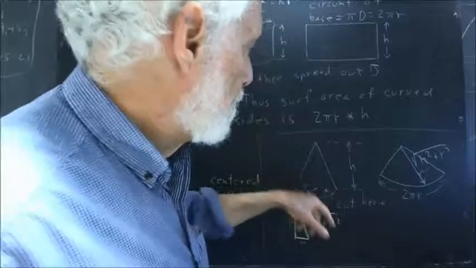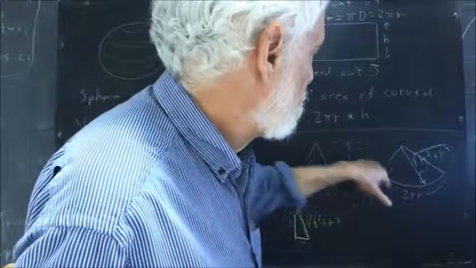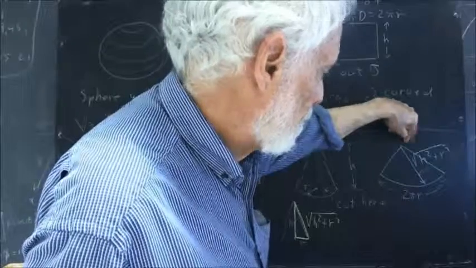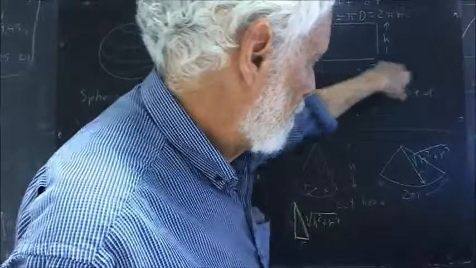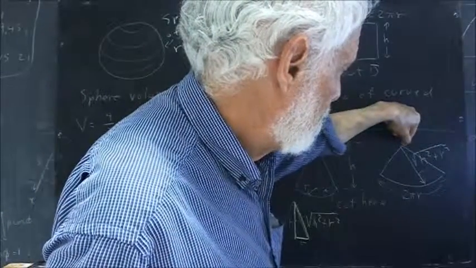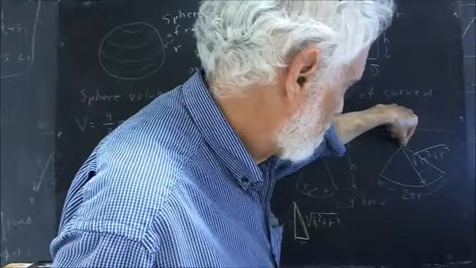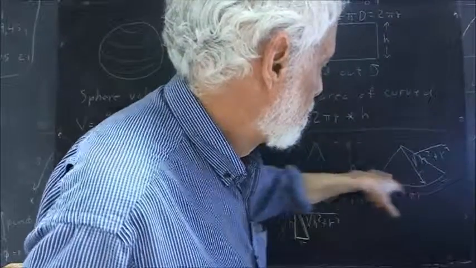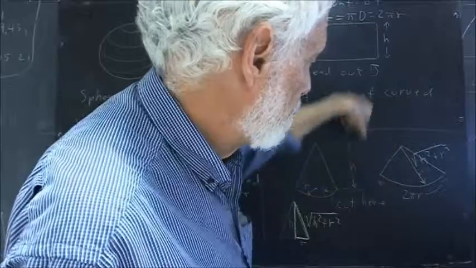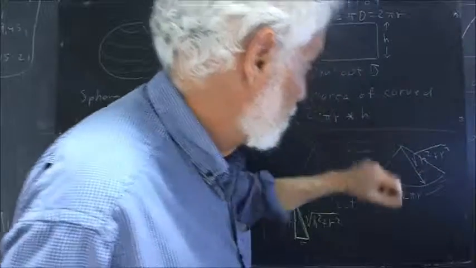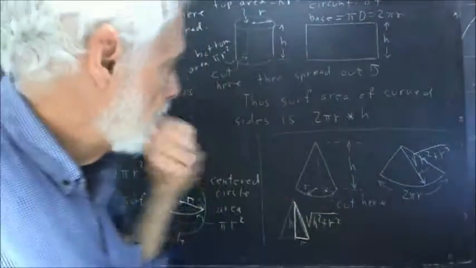Since that distance is always the same, the distance of all these points from here is always the same, and the figure for which the distance is always the same from this point is a circle. So this is part of a circle, and it's got a rounded side here.